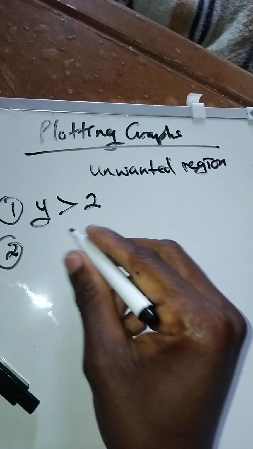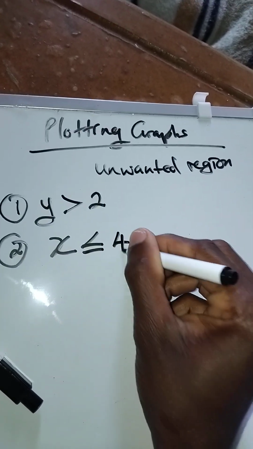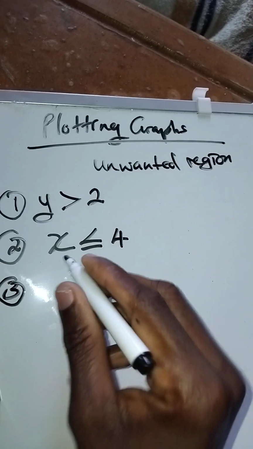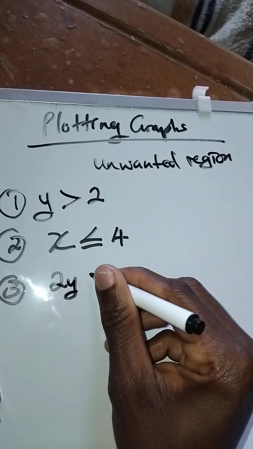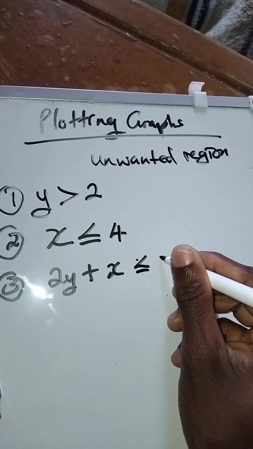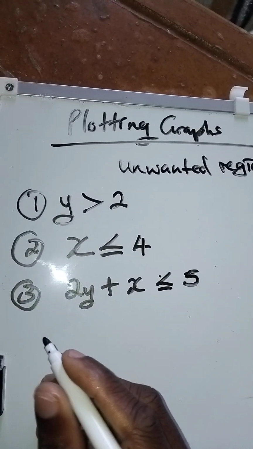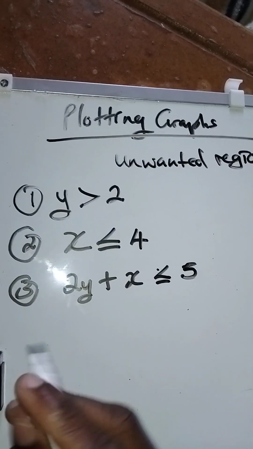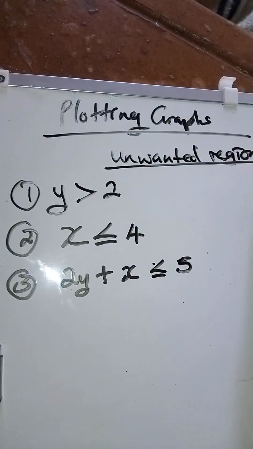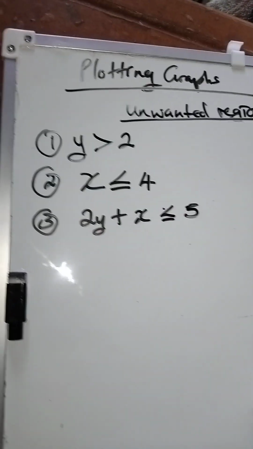Number 2, x greater than or equal to 4. Number 3, 2y plus x less than or equal to 5. These are the lines that I would draw, and shade the unwanted region.